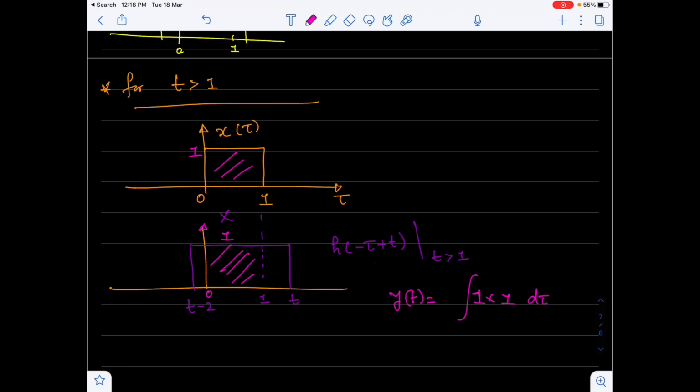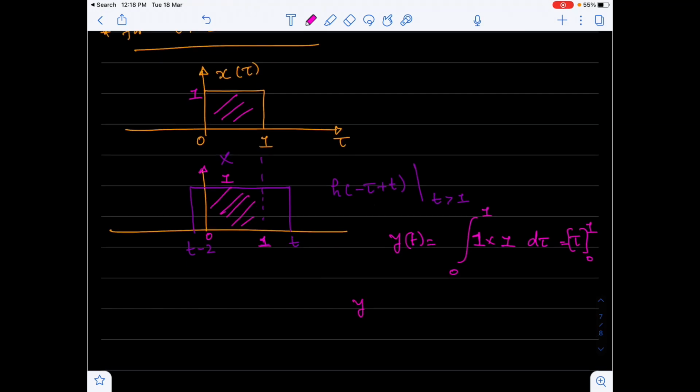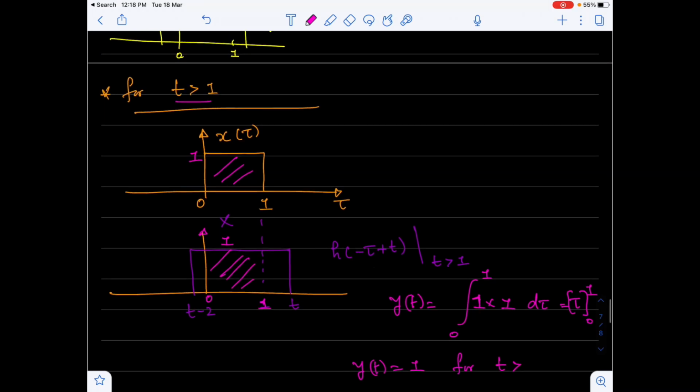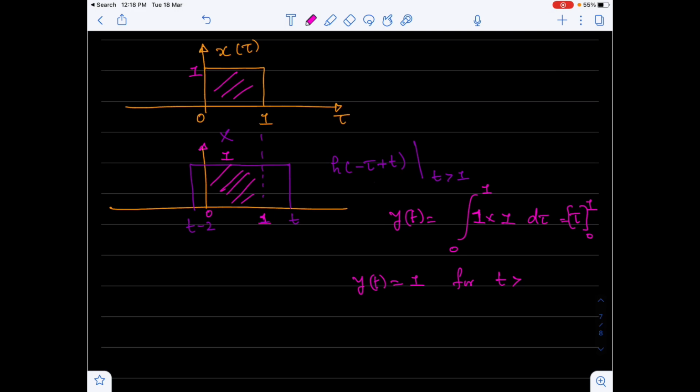The integration will start from 0 and end at 1, so from 0 to 1. So this will become tau, integrated from 0 to 1. That means the output y of t is equal to 1 for t greater than 1. But don't stop here. What will happen if t goes further?